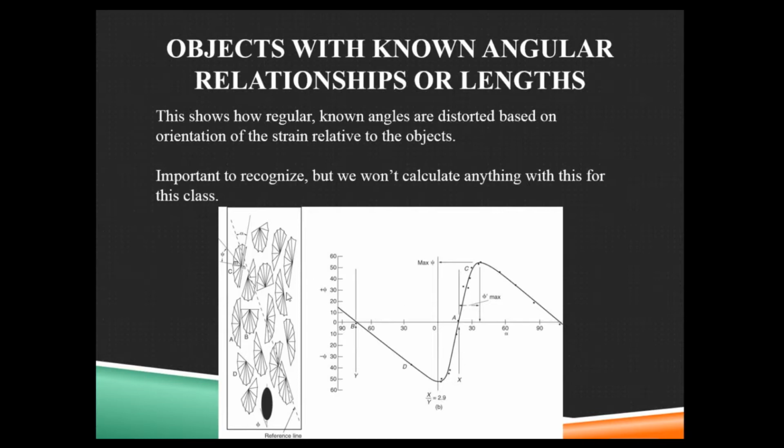When you have a certain kind of shell, for example, it can be very plentiful in a sandstone or limestone, and depending on what orientation it's at, it'll get distorted differently. It can tell you about the orientation of the primary strains that were going on, and you can see in the plot here, this is going to tell us the orientations.